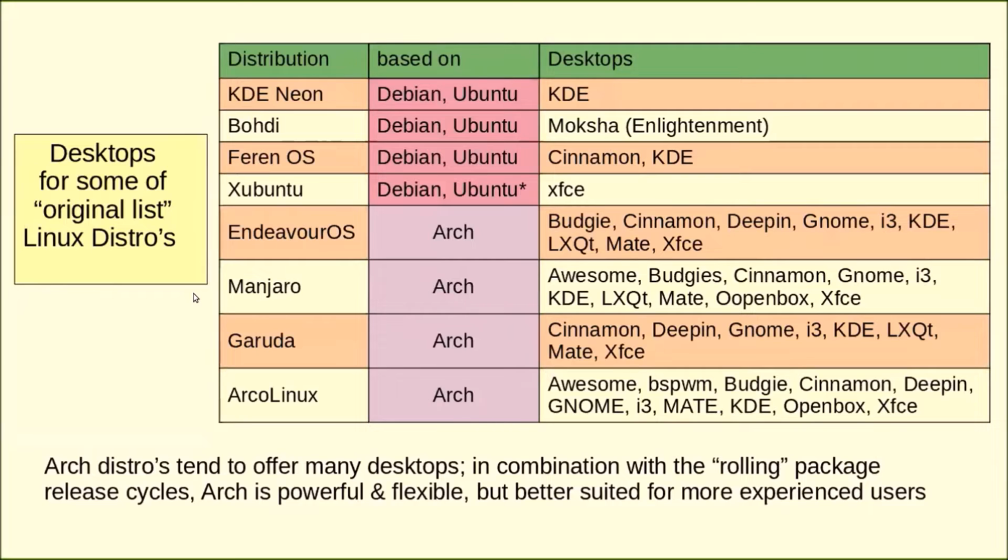They're very flexible, but they're also very susceptible to having issues. So if you know how to solve the issues, that's great. Then you get to use tiling desktops and special desktops or old desktops. But be aware that the Arch distributions generally require more experience.